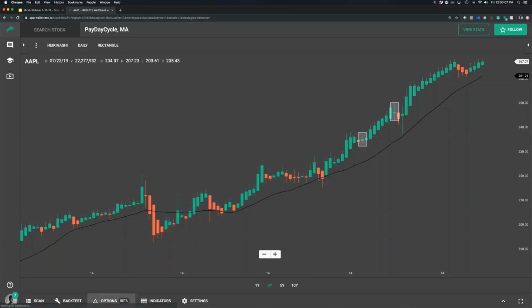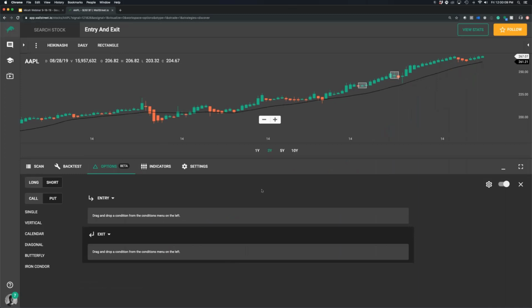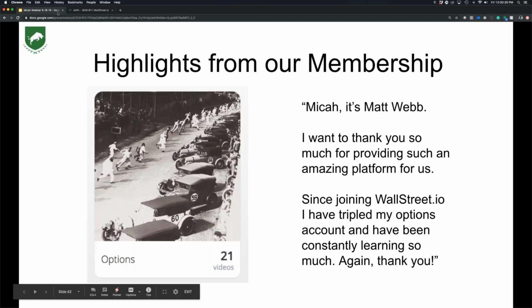We built the tools to educate, because knowing that in the money works differently than out of the money, and what you could expect with a vertical spread, or when you sell a put and buy a call, is what has you become a more profitable trader. Having the knowledge and information is key. So all of our tools are designed and built to educate. Does that make sense? So what I'm most proud about here is that they've been constantly learning so much.